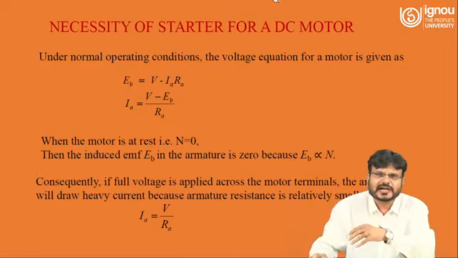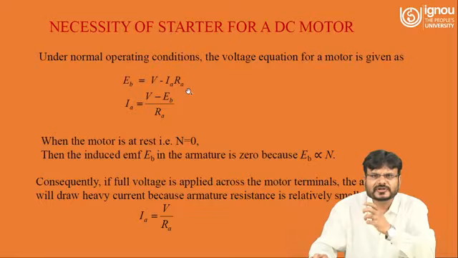Ia is the armature current and Ra is the armature resistance of the motor. By this expression you can also write the equation of armature current, Ia = (V - Eb) / Ra.